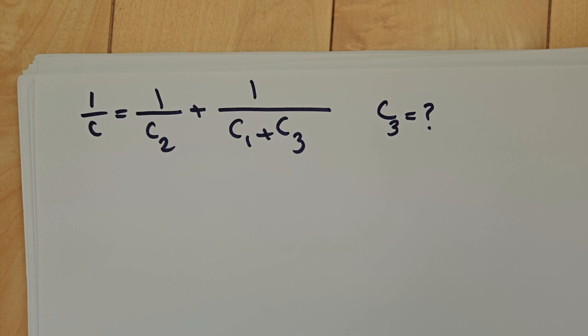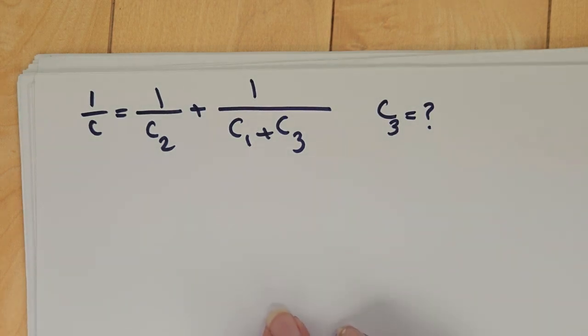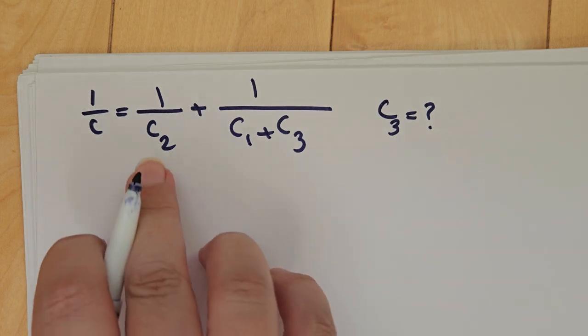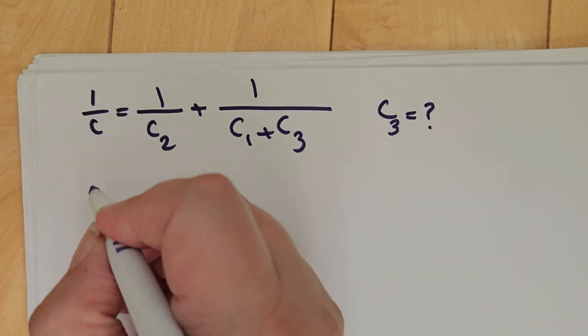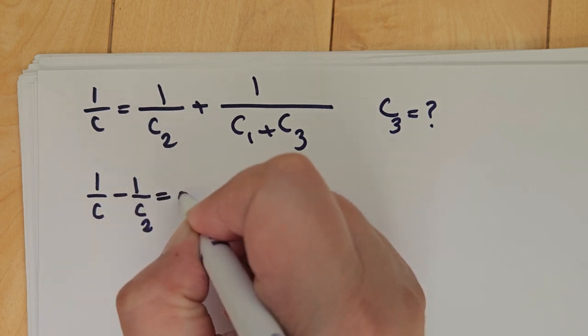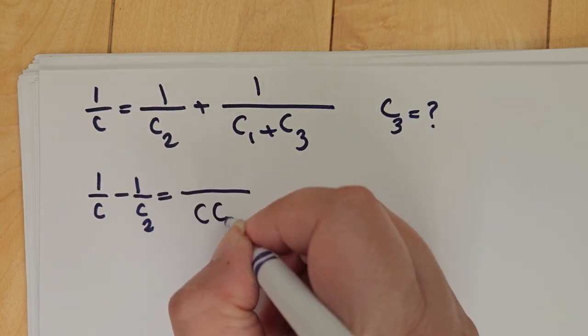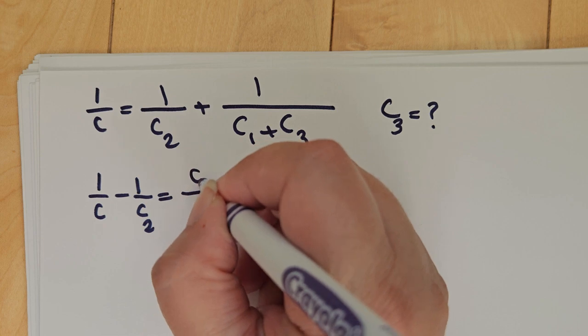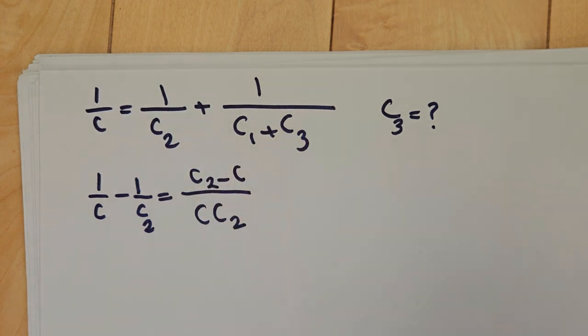I have a similar question, but this time it's asking me to write in terms of C3. So I start the same thing, moving one of the fractions to the other side, doing a common denominator.